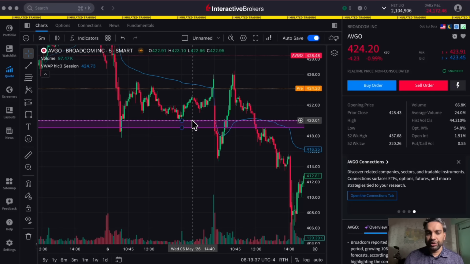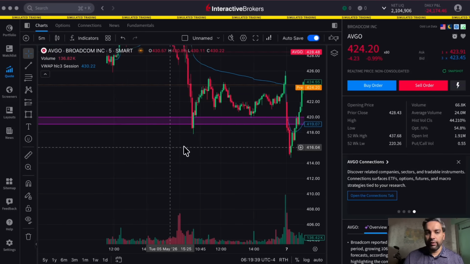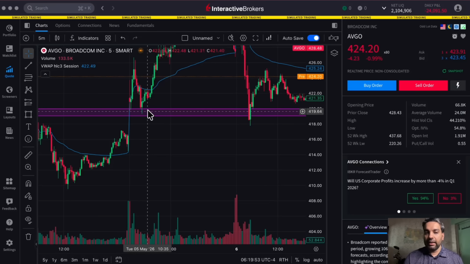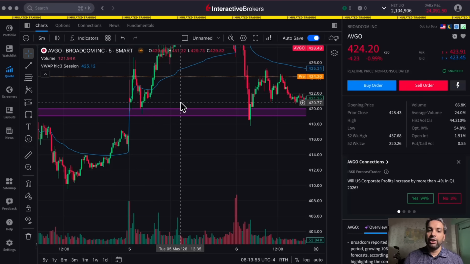Over here, we do see a hold, a hold over here. This was a fake out, but we do see it broke above, held this, and then it had a nice continuation of 4 points. So that could have been a trade. Over here, it gapped up, tried to push, came back, tested this, and then had a continuation.